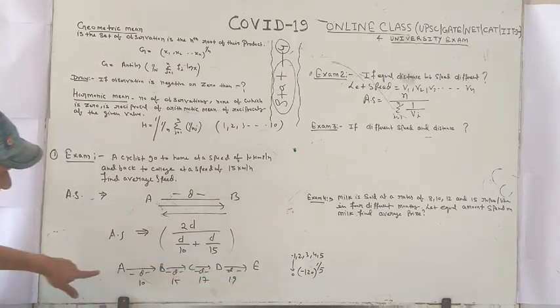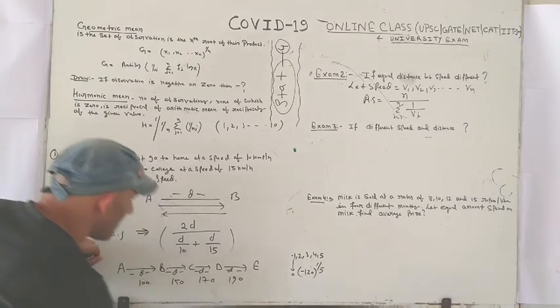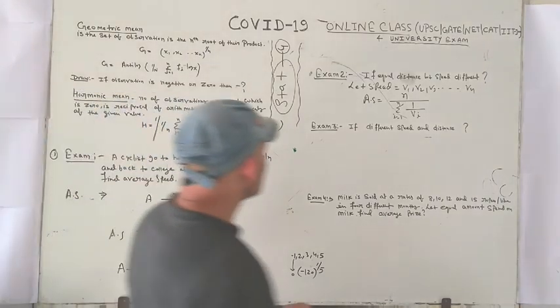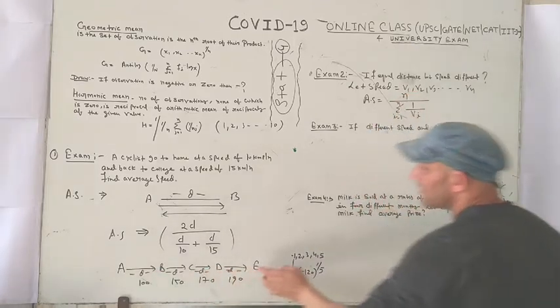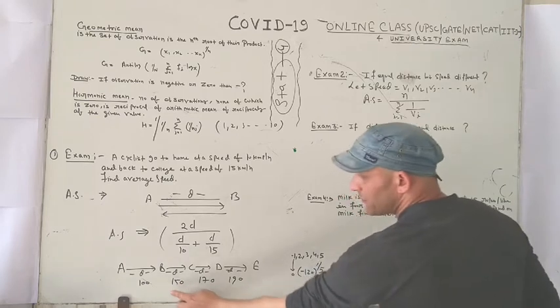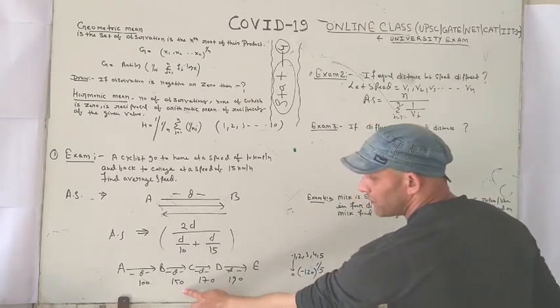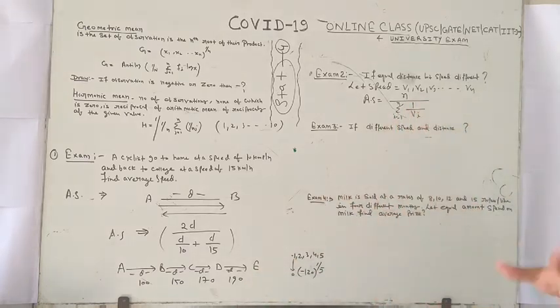So you have different speeds. Suppose this is 100 speed, 150, 170, and 190. So how to find? तो आपको करना क्या है? n upon टोटल कितने हैं आपके? 4 upon 1 upon 100 plus 1 upon 150 plus 1 upon 170 plus 1 upon 190. आपका आंसर आ गया. Very simple.